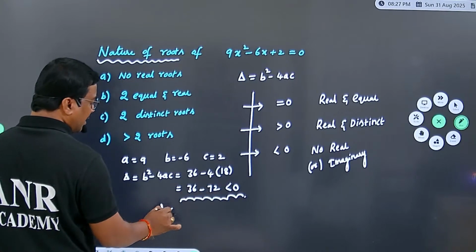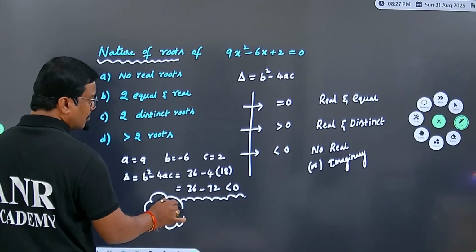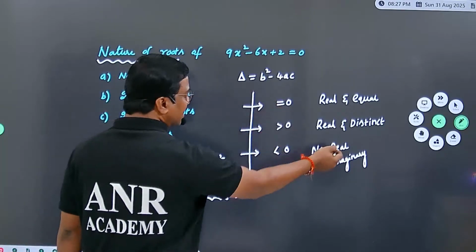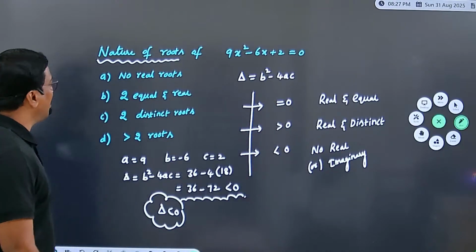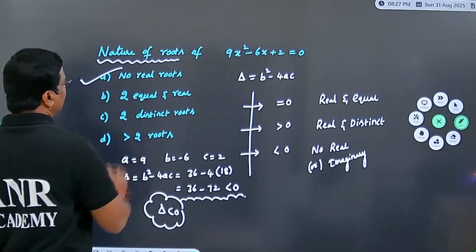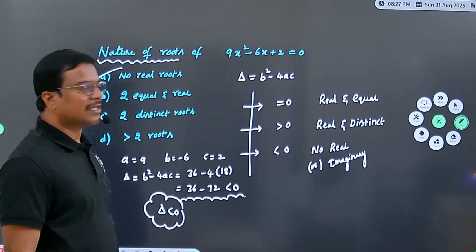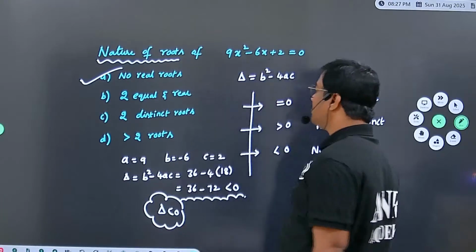Discriminant less than 0. Here when delta is less than 0, there is no real root. So the first option is the right answer. Let us move to the next one.